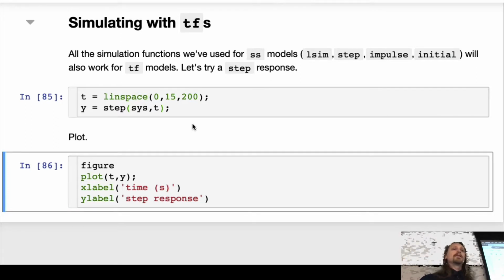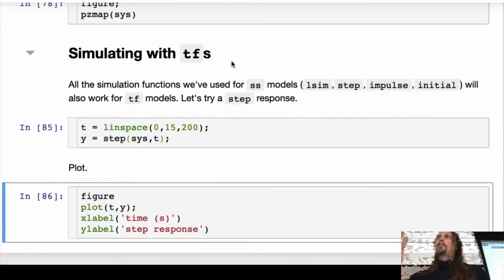So obviously this is very useful, very powerful to use Matlab to explore a transfer function for us. So we can look at the pole zero map, we can look at the poles, we can do some simulation with the TF models.